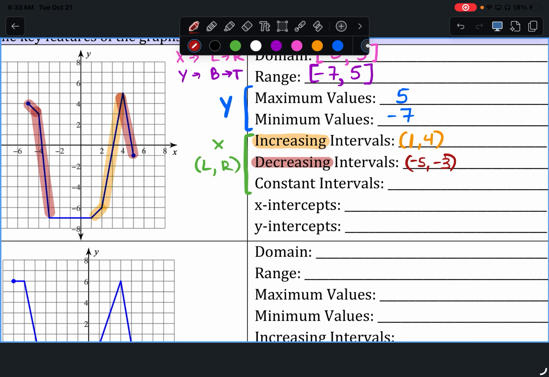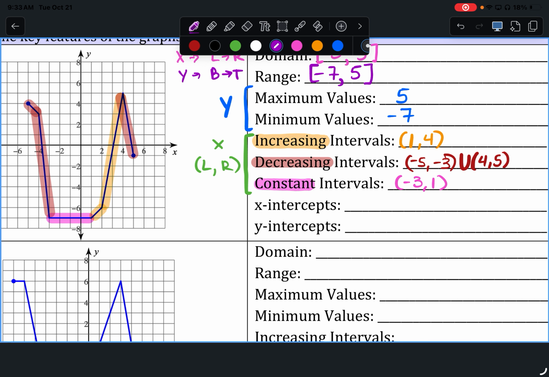How do I connect two intervals? So from 4 to 5. Then we are going to look at constant intervals. Do we have any constant intervals in this graph? -3 to 1.